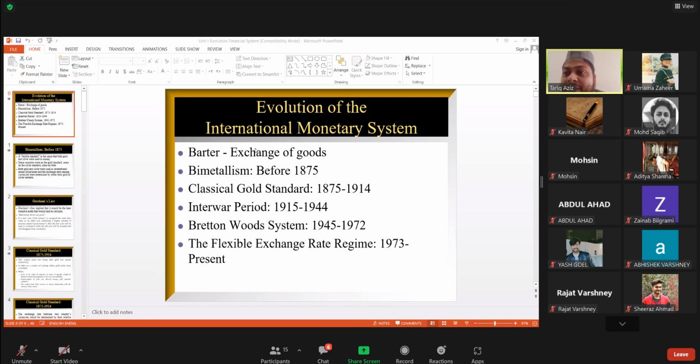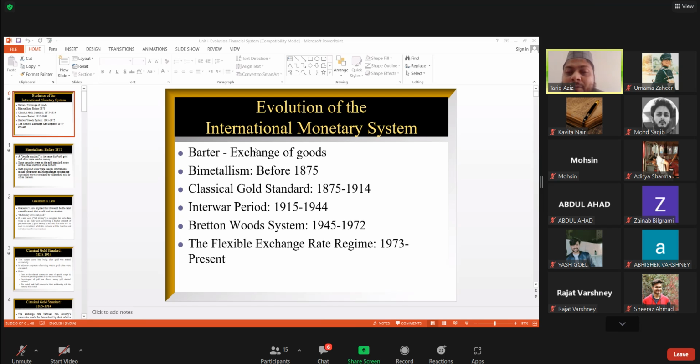So, for example, if I have wheat, another party has cloth. The person who has cloth wants wheat in exchange. I am ready to accept cloth and I am ready to make payment in terms of wheat. So finding a counterparty and matching the needs of these two parties was very difficult under the barter system. So this was the main problem.